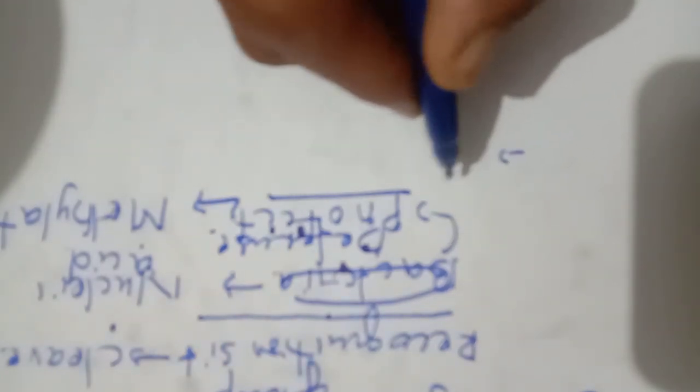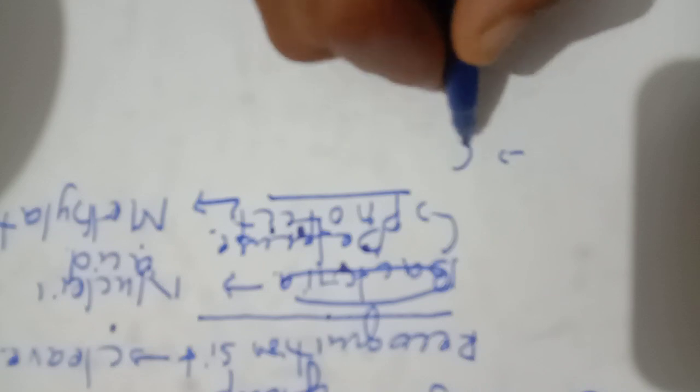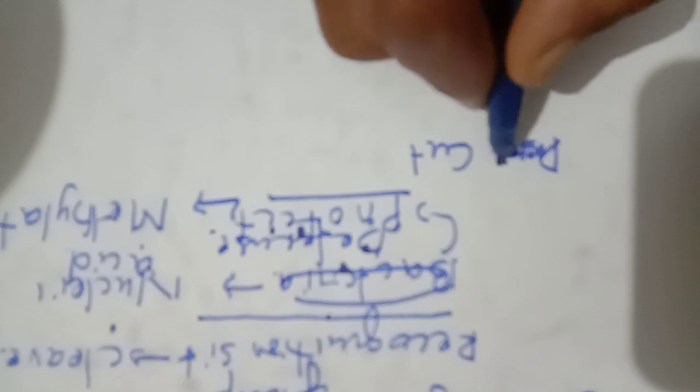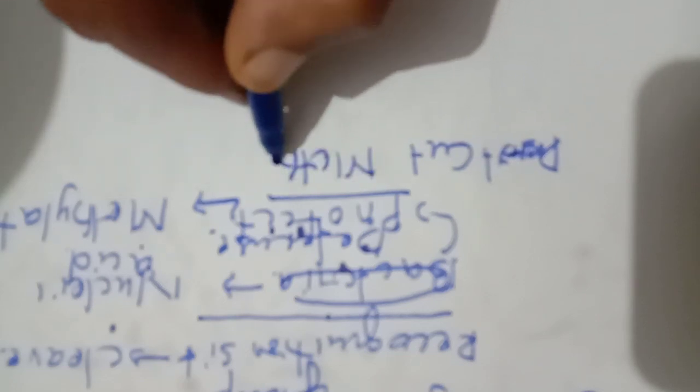One more important thing about restriction endonucleases is that they do not cut the methylated DNA.